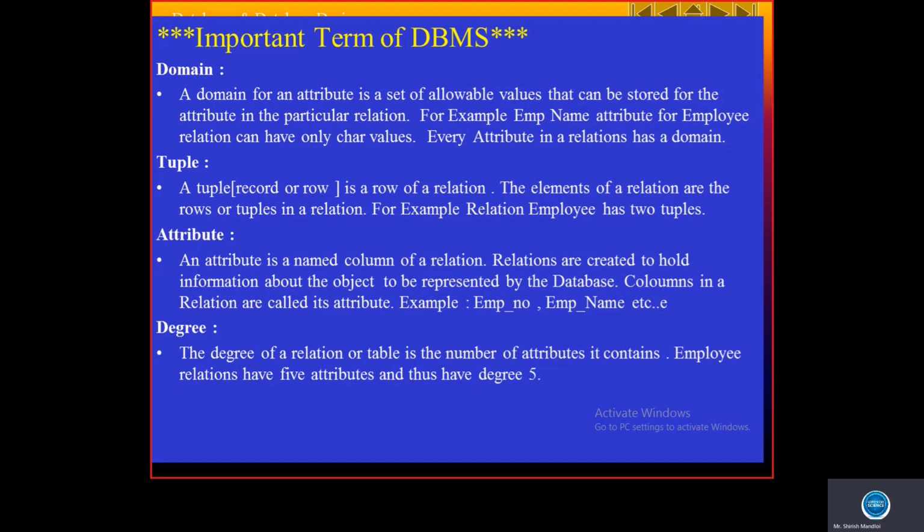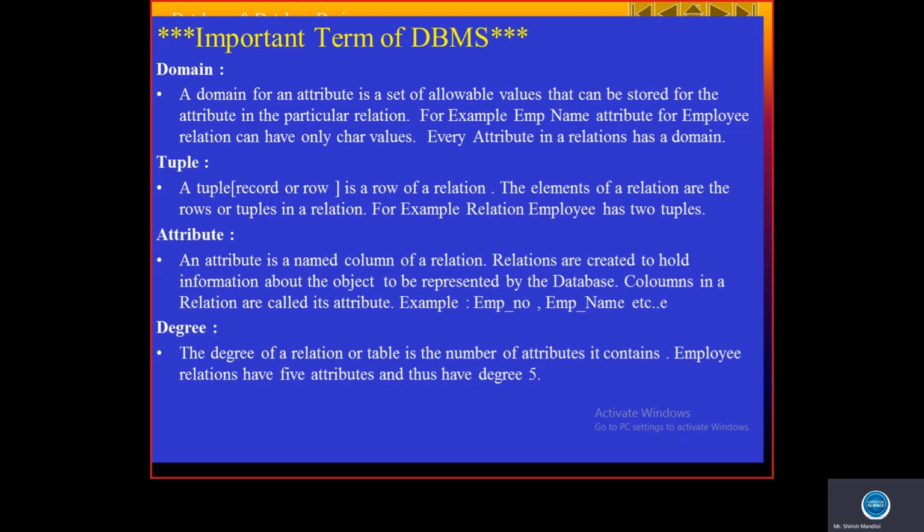A tuple is a row of a relation. The elements of a relation are the rows, or tuples, in the relation. For example, the employee relation has two tuples. Attributes: an attribute is a named column of a relation. Relations are created to hold information about the object to be represented by the database. Columns in a relation are called attributes.